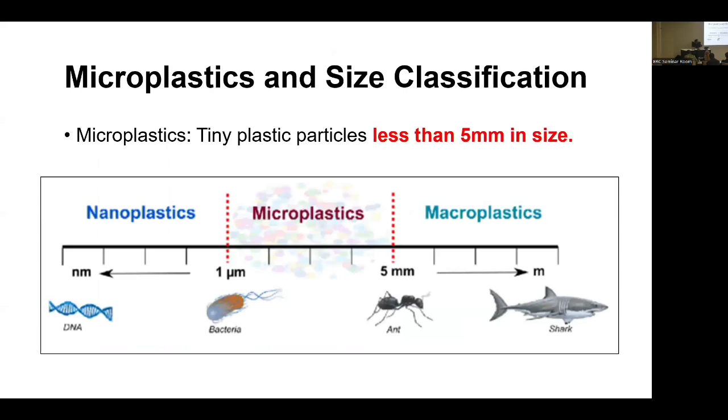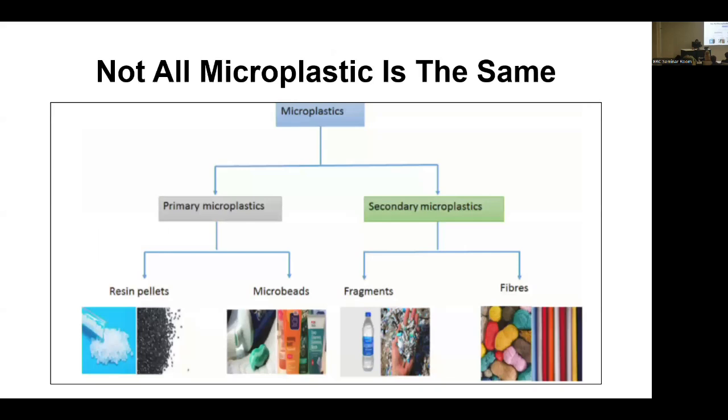Going into their size and classification, we have nano, micro, and macro. But as I said, we're only going to focus on the microplastics, which are between 1 micrometer and 5 millimeters. We have two types of microplastics: primary and secondary. Primary microplastics are plastics that are already micro in size.